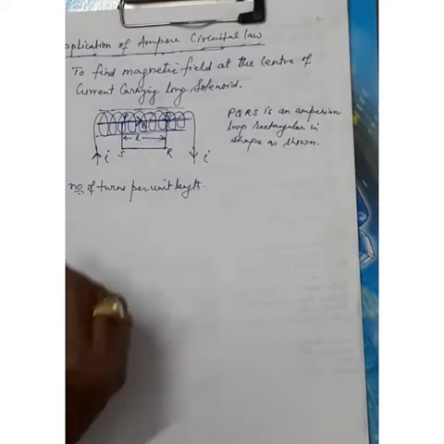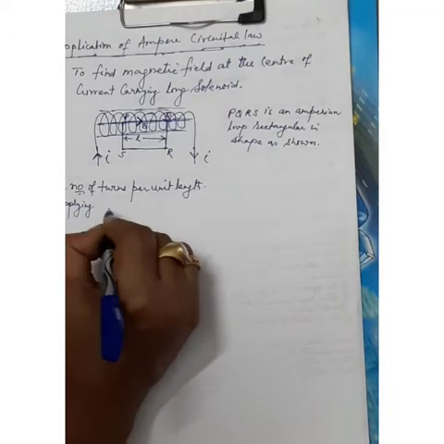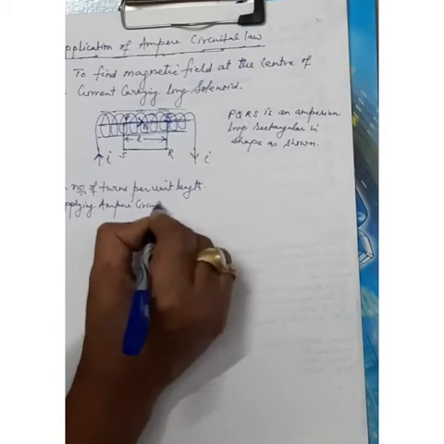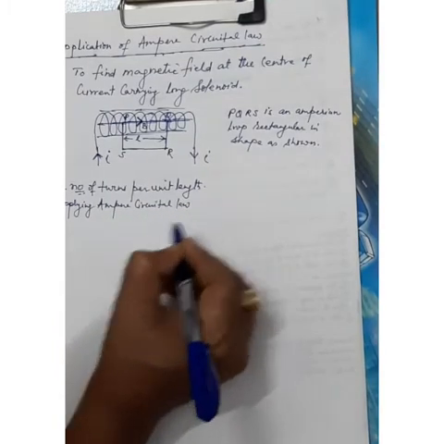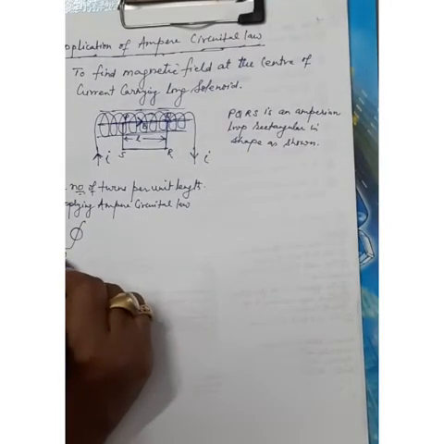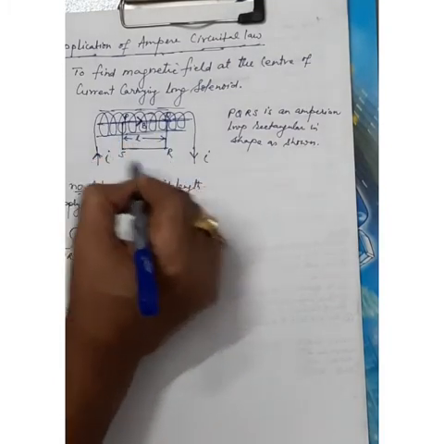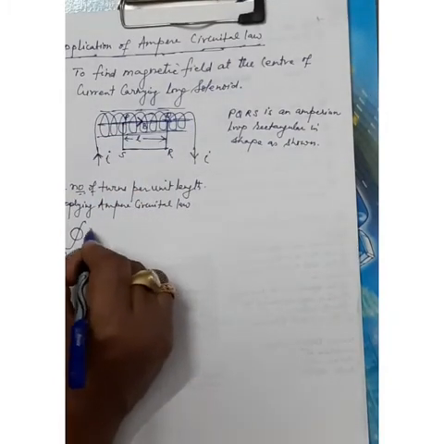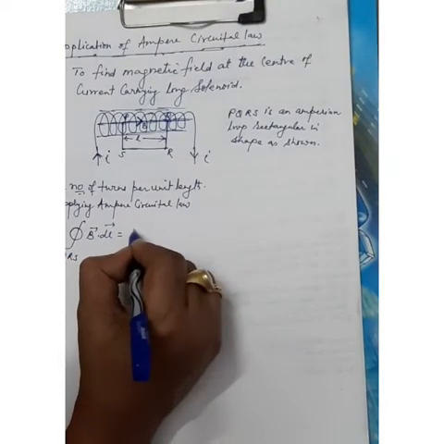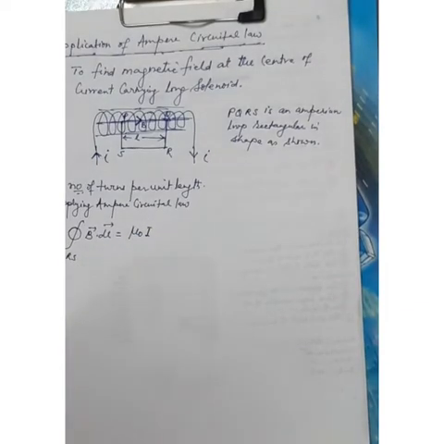So applying Ampere's circuital law, we can write the integral over this PQRS of B dot dl is equal to mu naught times the total current enclosed by this.